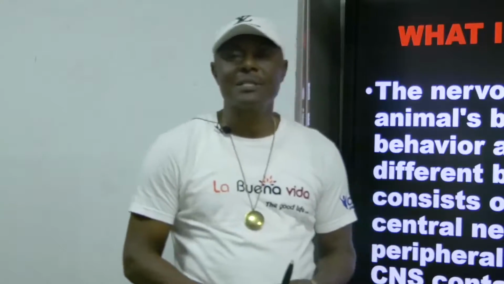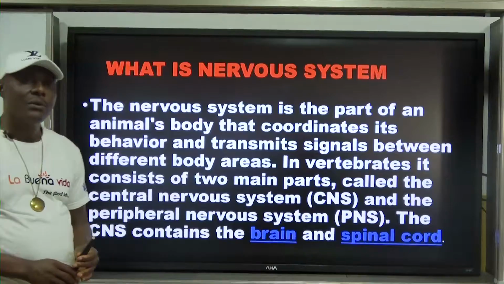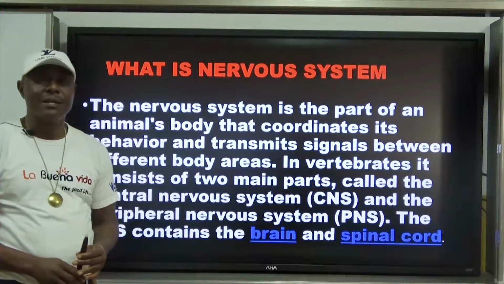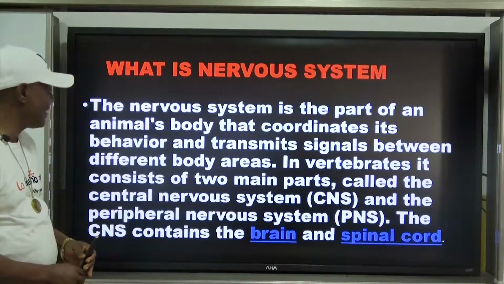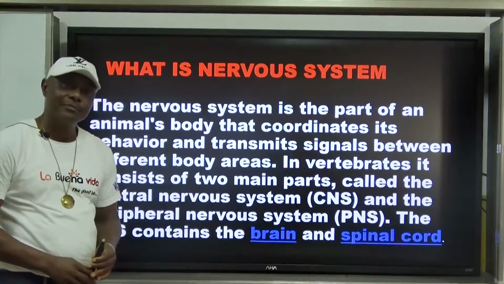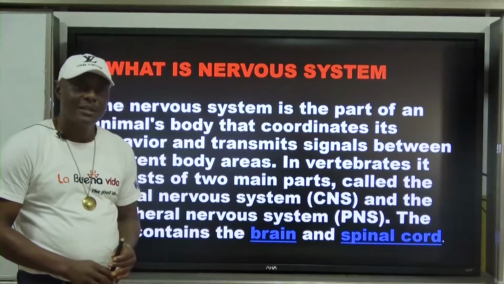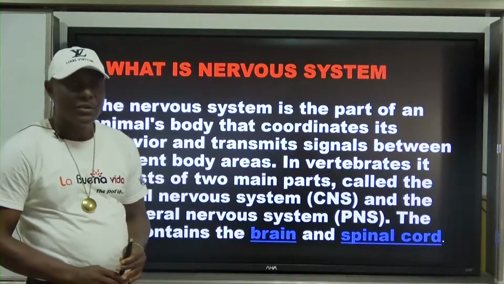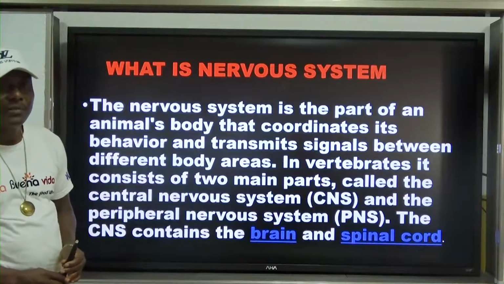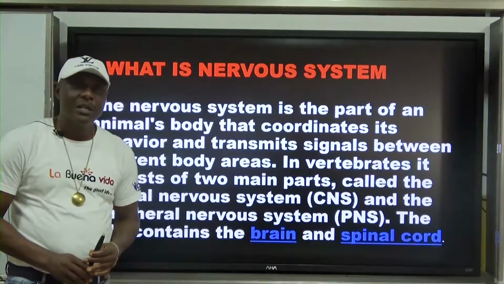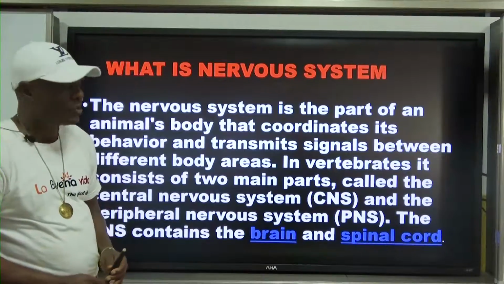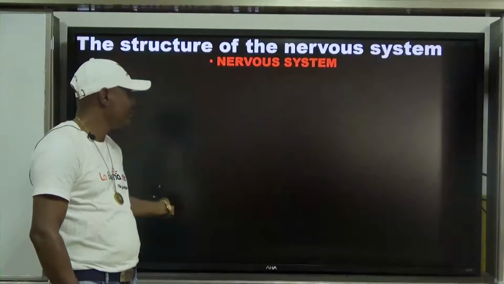The nervous system is classified into two. We have the central nervous system, and we also have the peripheral nervous system. The central nervous system is made up of the brain and the spinal cord, while the peripheral nervous system is made up of the somatic nerves and the autonomic nerves.